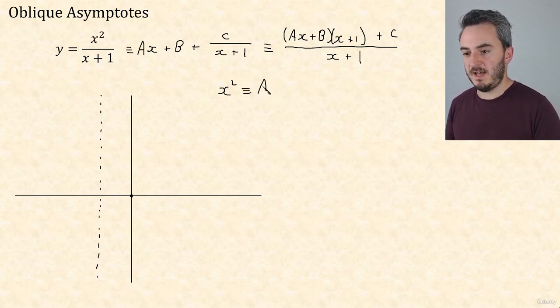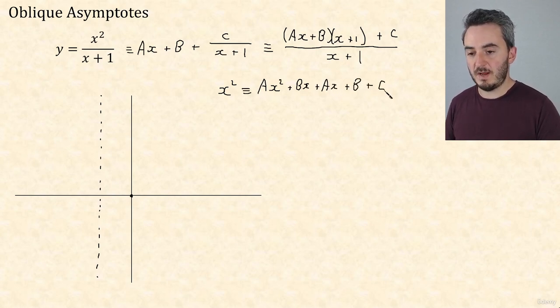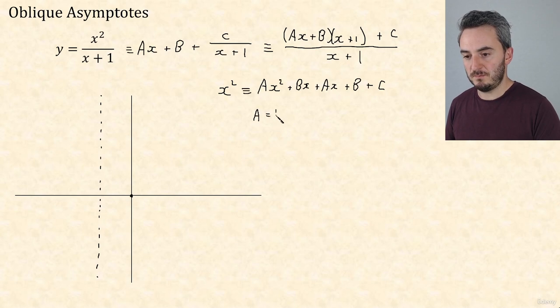Expanding this, I get ax squared, then I get plus bx plus ax plus b plus c. And we can figure out everything we need from this. The coefficient of x squared on both sides is 1, because 1 over here, so it's 1 over here. So a must be 1.